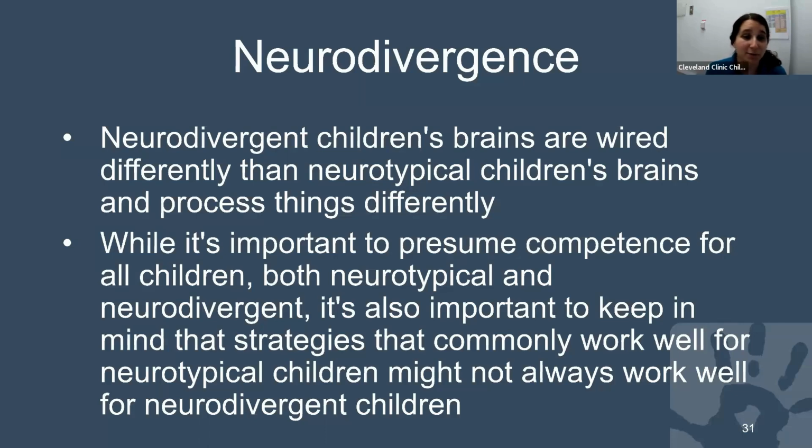You always want to assume that they have the capability to do it. However, it's also important to keep in mind that strategies that might work for a neurotypical child might not always be the most effective strategy for a neurodivergent child.